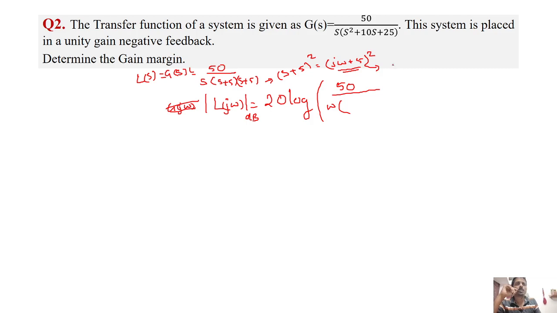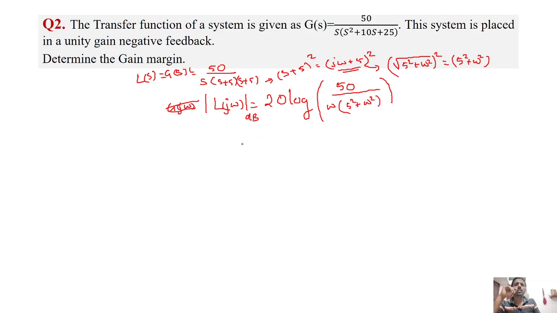That is like a plus jb means root of a square plus b square, right? So root of 5 square plus omega square is the amplitude value, that whole square. So this will be equal to 5 square plus omega square. So that we will substitute here. So what we will get is 5 square plus omega square. So this is the loop gain.